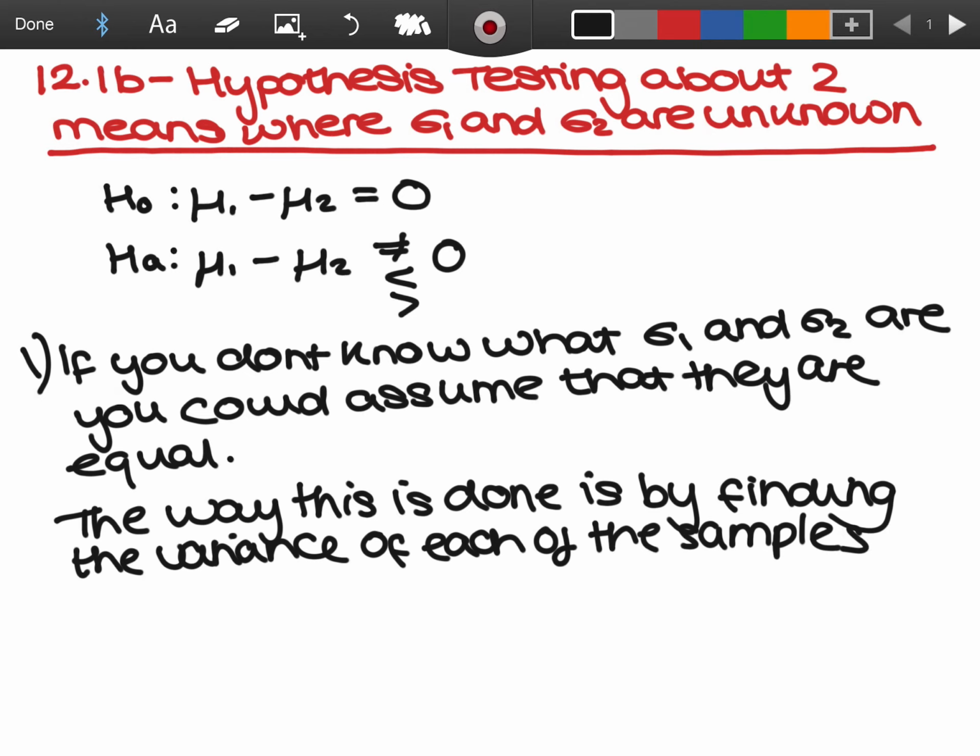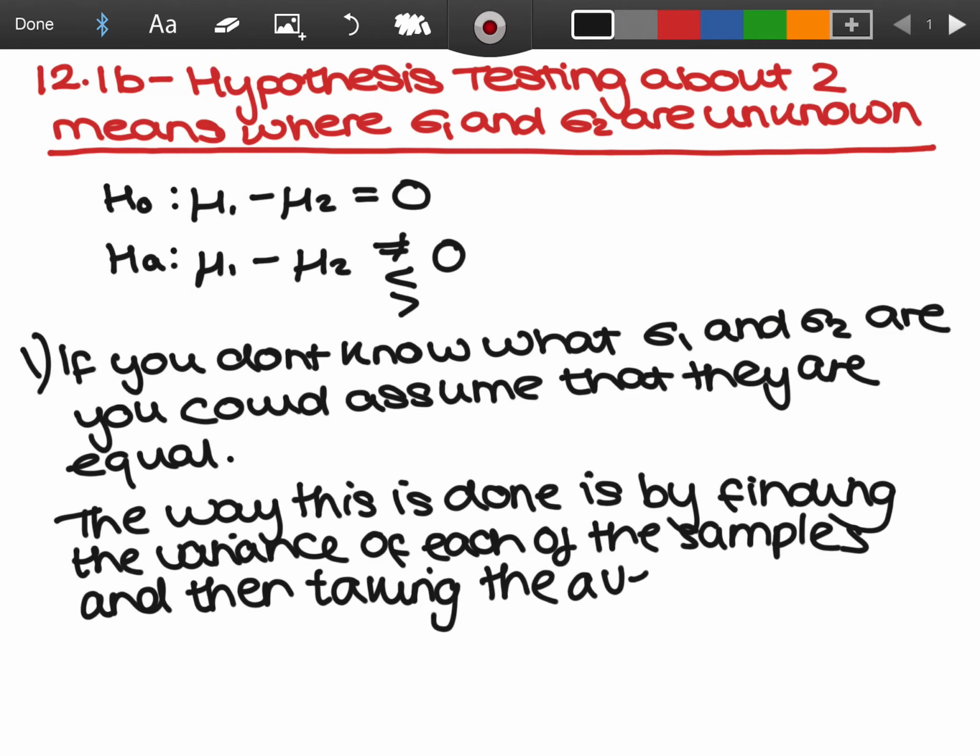You have their sample standard deviation. So if you square each one of those, you're going to get the sample variance for each sample. And what you're then going to do is average them. Okay, so you're taking the average of the two sample variances.